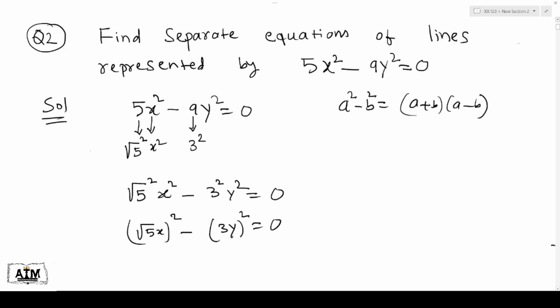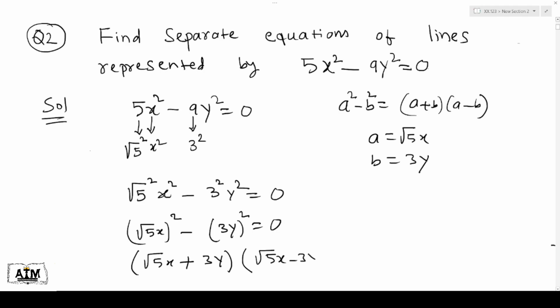Now I can apply this formula: a square minus b square equals a plus b into a minus b, where a is nothing but root 5x and b is nothing but 3y. So a plus b is root 5x plus 3y, the first bracket, and a minus b is root 5x minus 3y, the second bracket.